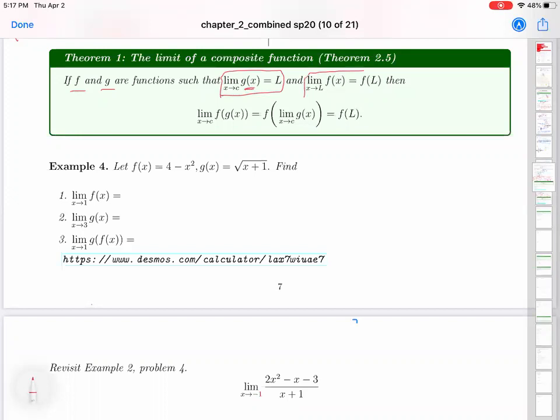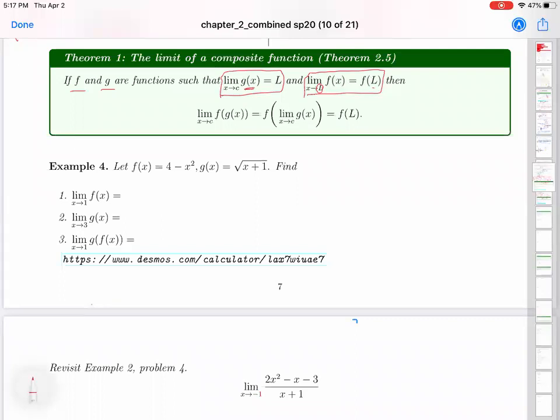And the limit of f of x as x goes to L equals f of L. That means you can find the limit of f at L by plugging L into the function.